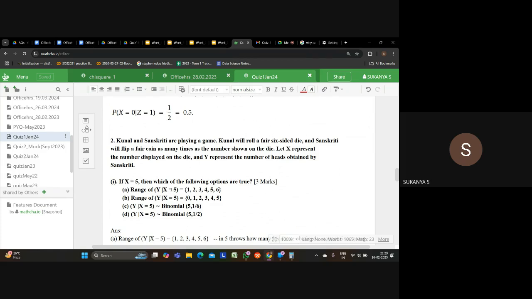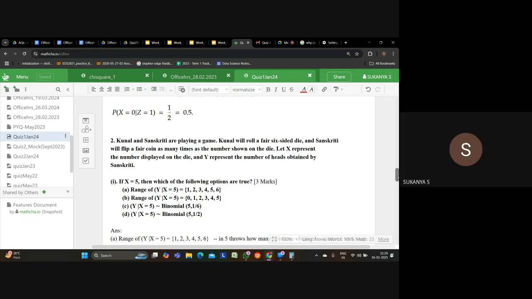So if X is equal to 5, how many times will the coin be flipped? 5 times. So what is the correct range of Y given X is equal to 5? 0 to 5.